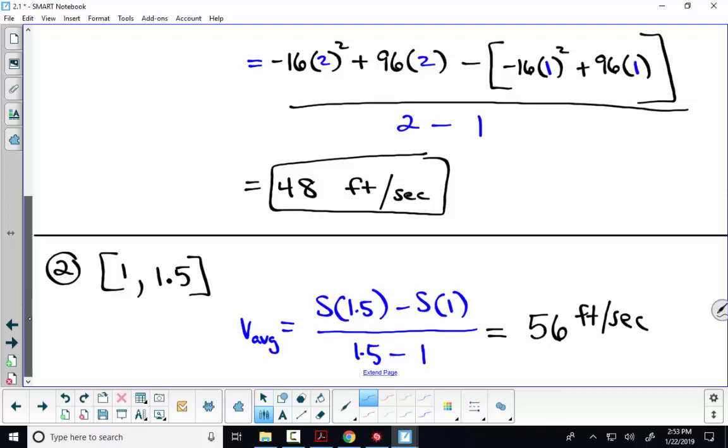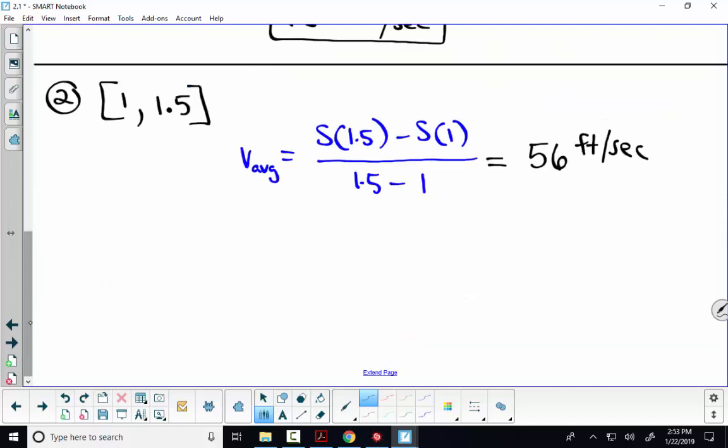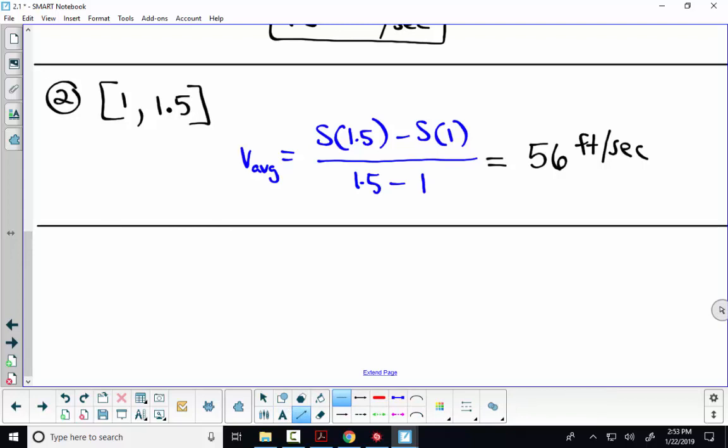Okay. And let's look at one more time interval, and then we'll look at a table.